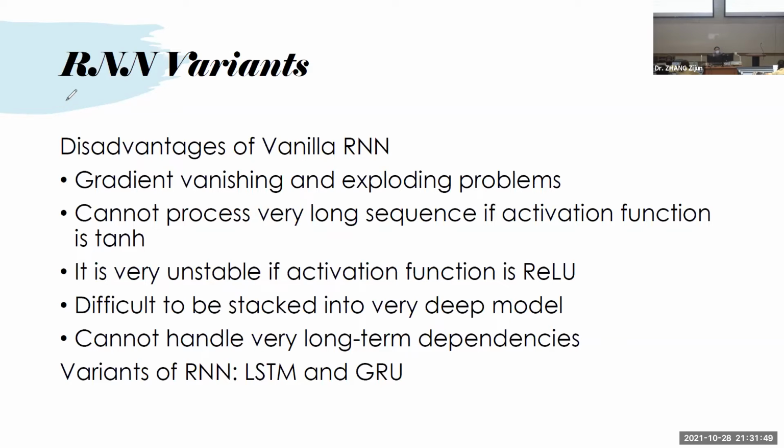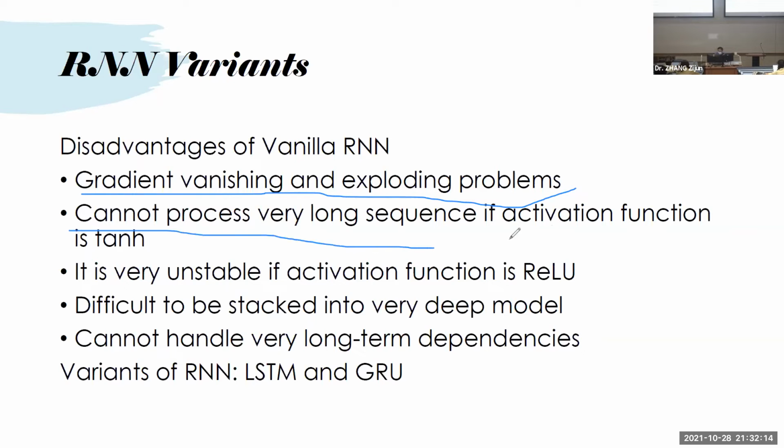RNN was famous for a short while, but later got dominated by its variants. This is because of two big disadvantages of the vanilla recurrent neural network, meaning the generic version. First, it suffers from serious gradient vanishing and exploding problems.